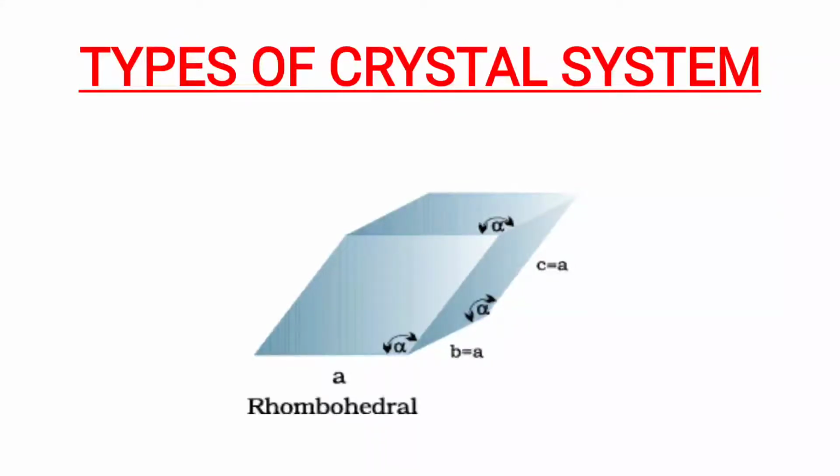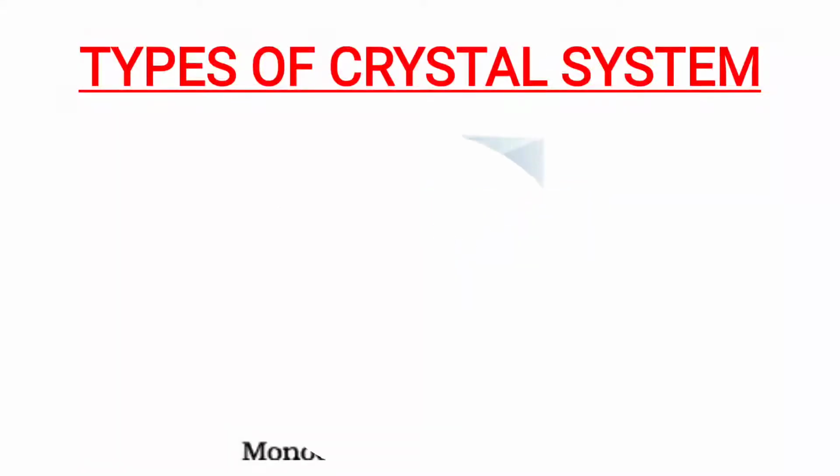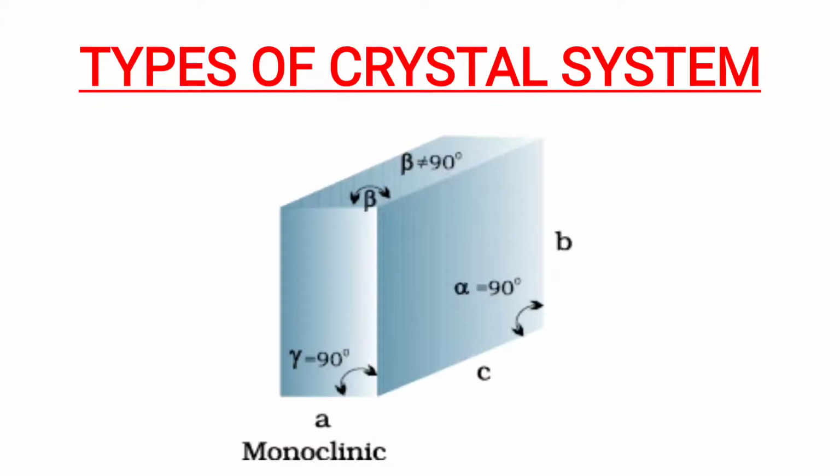and you can see alpha, beta and gamma. These angles are not equal to 90 degrees. Let's consider them as alpha, alpha, alpha, that is, all three angles are equal to each other but not equal to 90 degrees. Moving to the monoclinic system, where a, b, c, all the three are not equal to one another.